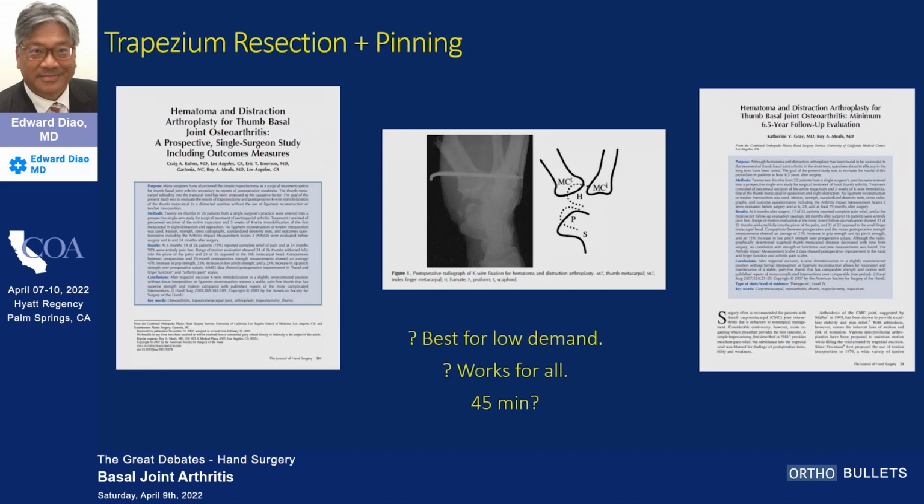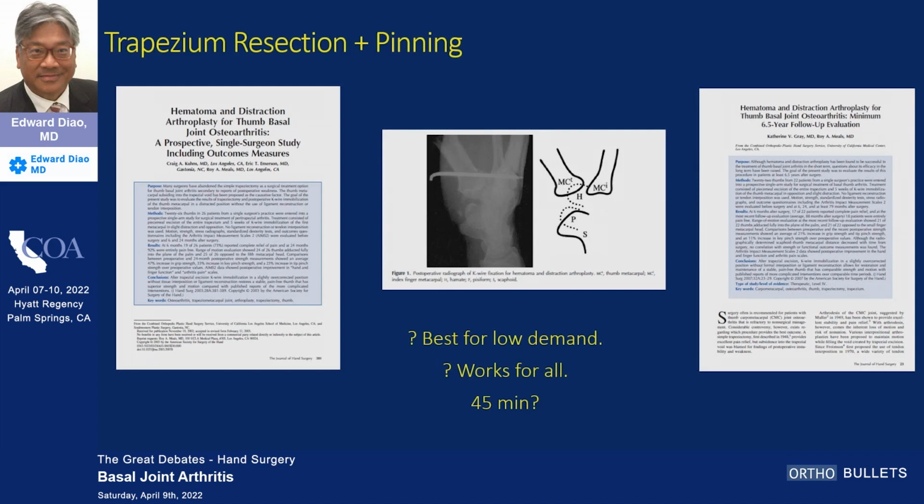Now, trapezium resection and pinning is a popular approach, particularly those of us in California, as extolled by Roy Meals and his colleagues in Southern California, Prosper Benheim's way. And he declared that he'd been doing this for decades and had really, really good results.